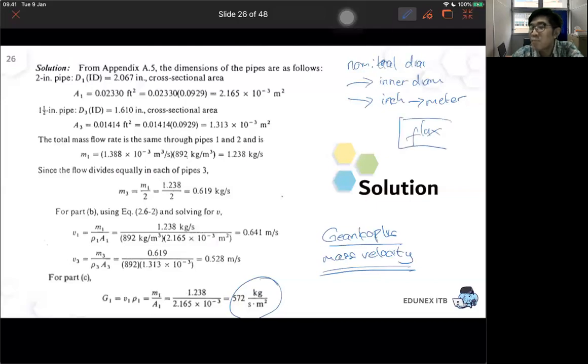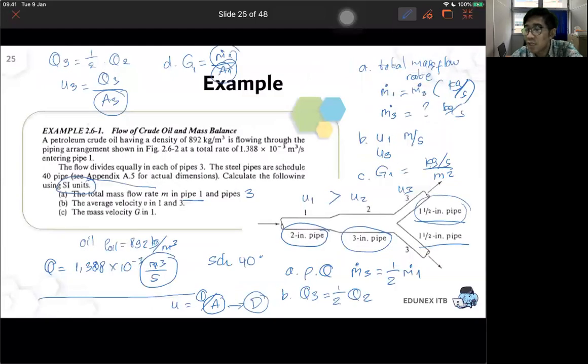So in the exam, if we ask about flux, we will write it as flux. Flux is rate divided by area. Geankoplis does not use the standard term, so it's called mass velocity. Sometimes we may be confused whether it's asking about the mass flow rate or other terms.